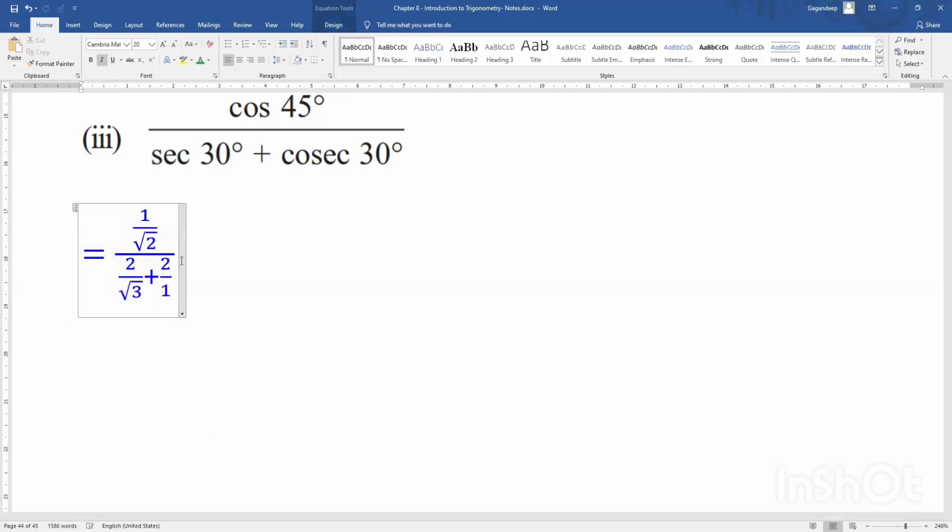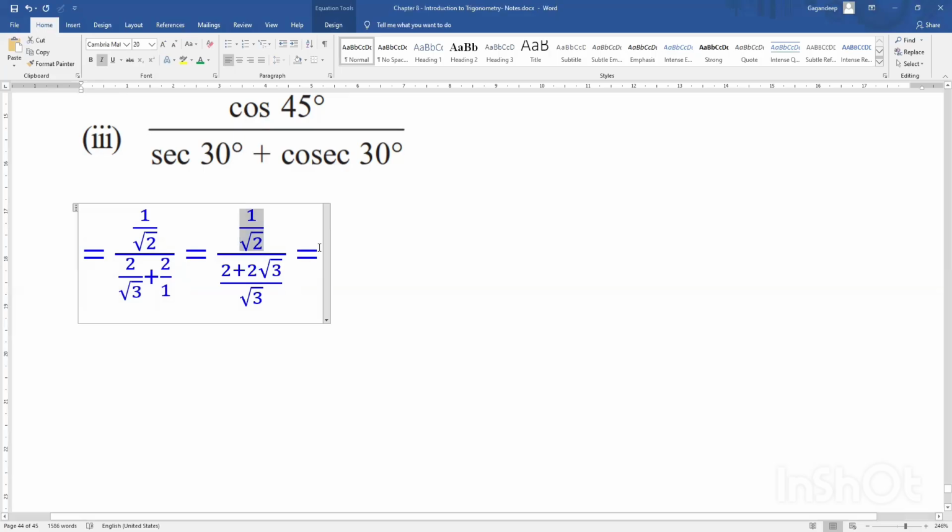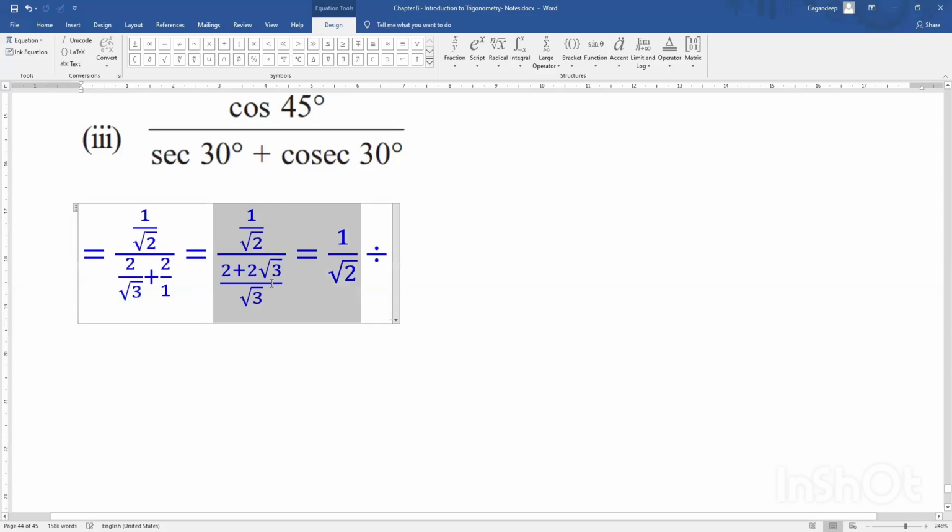And it's equal to, then here, this can be written as, I can write like this, 1 by root 2, I'm going to put division symbol, and then we can write like this, just to show you how we can do it in a better way.